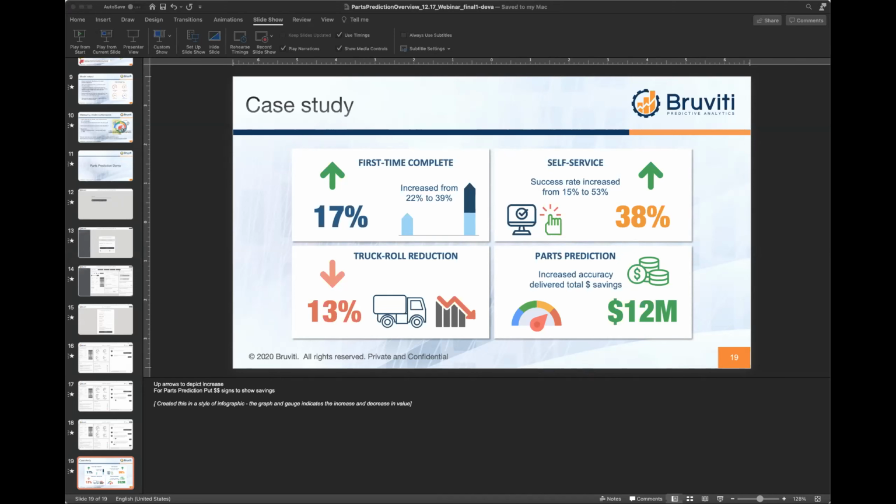In certain cases where you use third-party parts warehousing, where parts are not stocked or part of the data lake that you have, but are with a third party, then we again do API level integration from an ordering perspective.